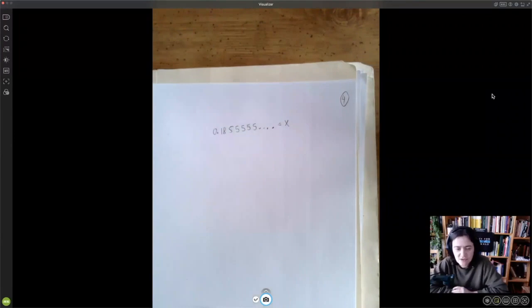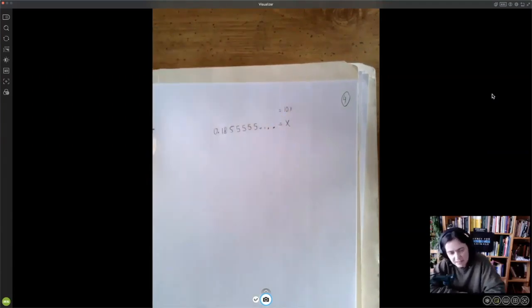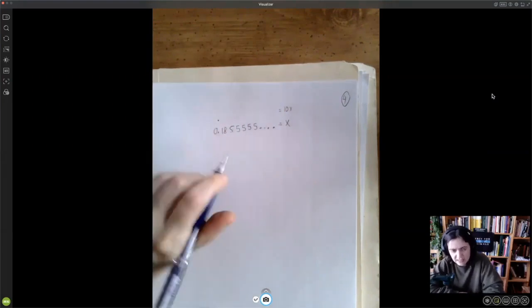All right, so we're going to multiply both sides of this strange equation by 10, and we're going to write a new equation above the previous one. And because the next step is a subtraction, we must align by the decimal point.